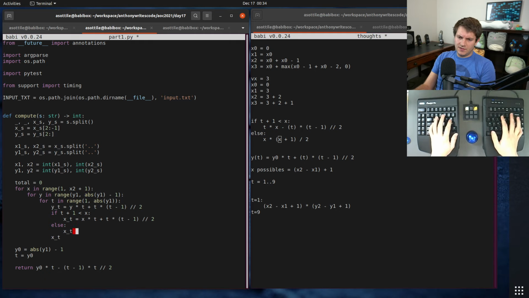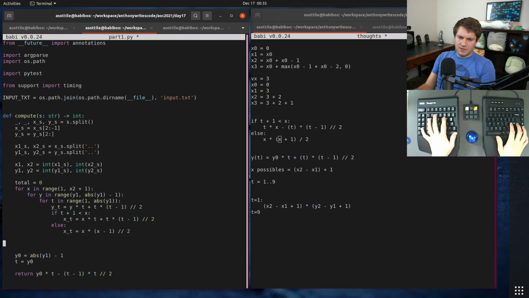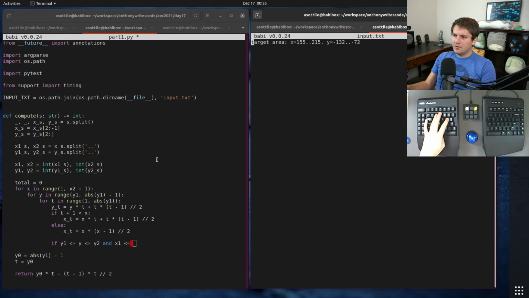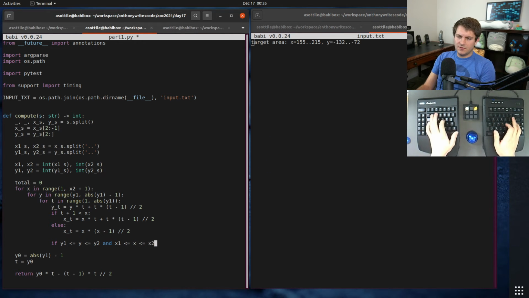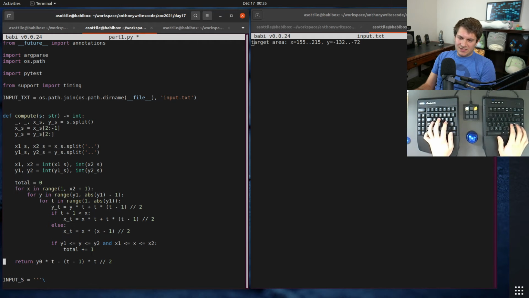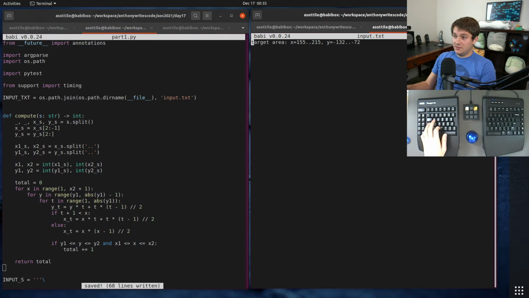Otherwise, x of t is equal to x times x minus 1 over 2. And if y1 is the smaller one, less than or equal to y is less than or equal to y2, and x1 less than or equal to x is less than or equal to x2, then total plus equals 1. Gross, might work.